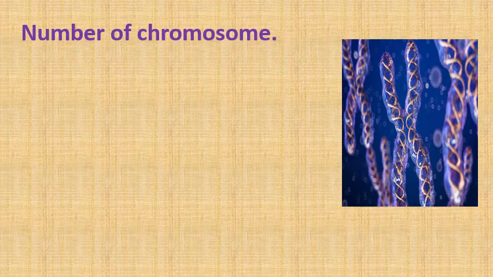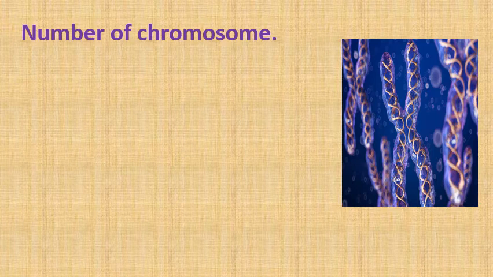The number of chromosomes is constant among the members of the same species. For example, the number of chromosomes in the human body is 46. So if we know that a nucleus contains 46 chromosomes, we will know that this nucleus is for human body.